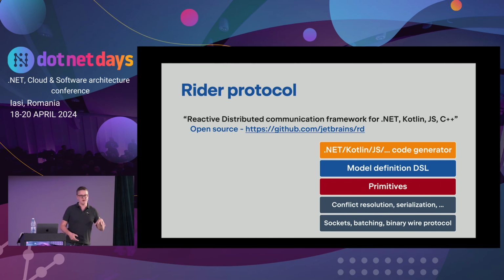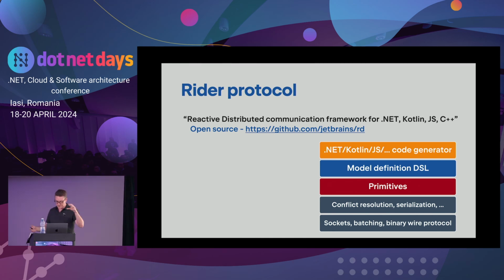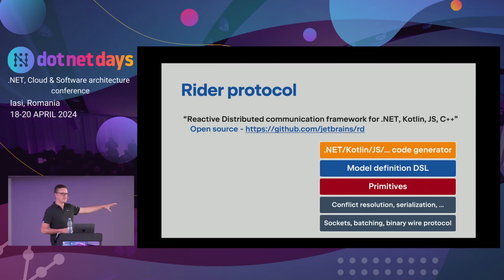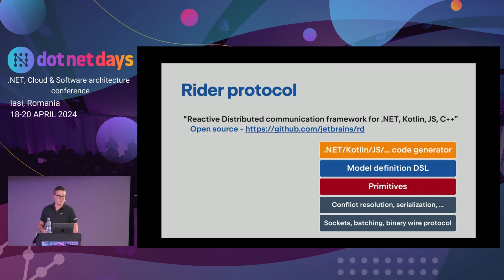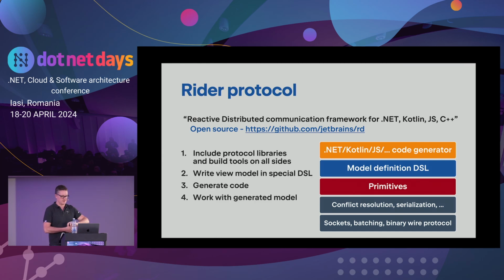You as a developer using this protocol, or our developers building Rider, have to start knowing about all of the primitives in this protocol. Like there can be strings, there can be fields, there can be classes and structs and all of that. The DSL that we have to essentially build out a model of whatever you want to build in this view model, which is the protocol, and then the fact that there's a code generator that you have to run to essentially build a .NET version or a Kotlin version of the end result of how you work with this protocol.